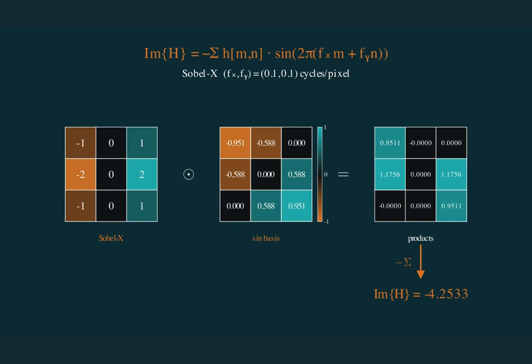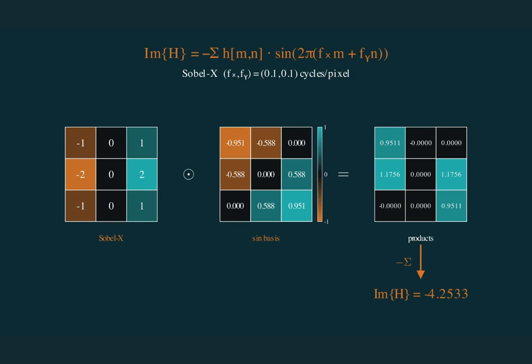Basically, you're doing an analysis of your filter, not only comparing it to a cosinusoidal type of basis image, but also the same images phase shifted by 90 degrees, so the sine version of them. That makes it possible to catch also the effect that anti-symmetric filters have in terms of frequency response.